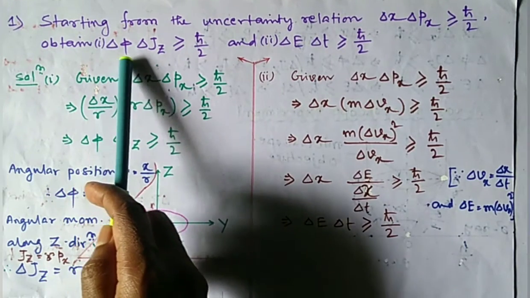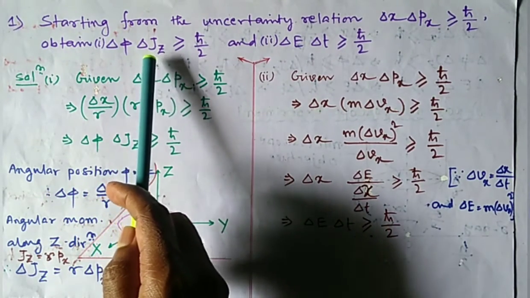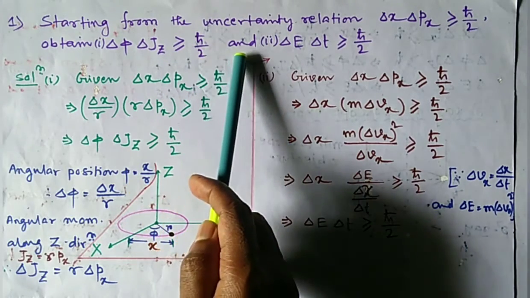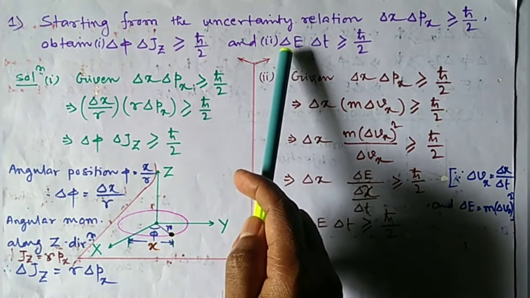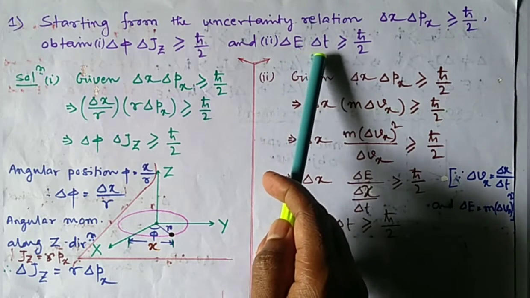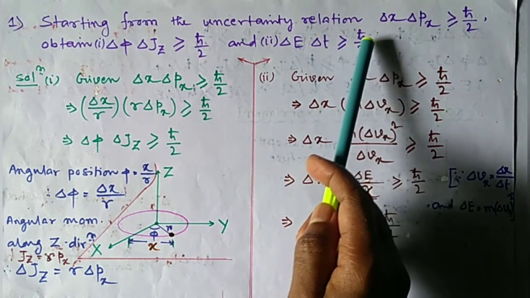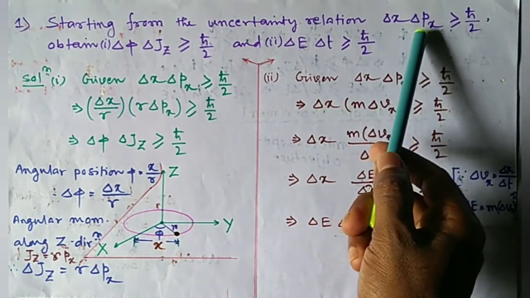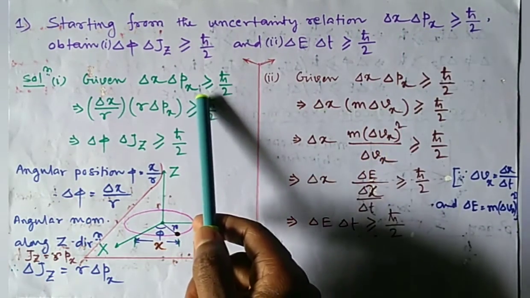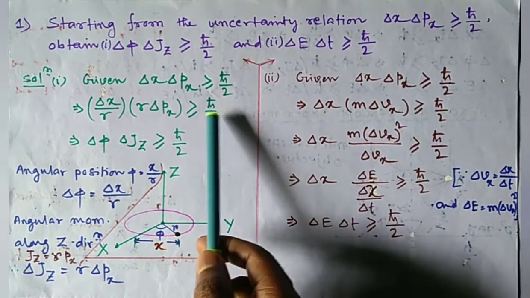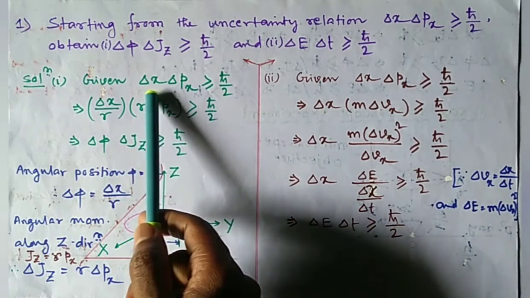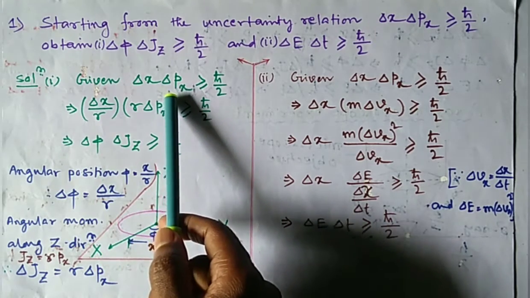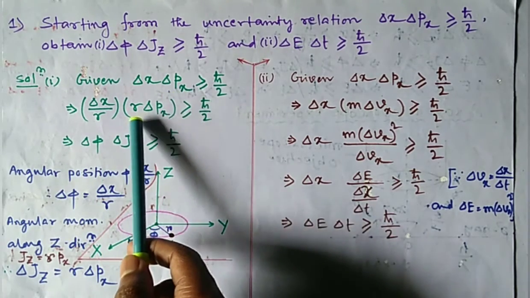Number 1, delta phi delta Jz greater than or equal to h bar by 2, and second, delta E delta t greater than or equal to h bar by 2. Given delta x delta px greater than or equal to h bar by 2, here we divide delta x by r and multiply delta px with r.